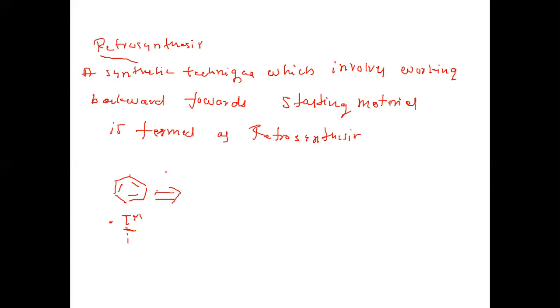This is the retrosynthetic arrow. Retrosynthesis is represented by this open-ended arrow, the retrosynthetic arrow. So from benzene, we are looking backward. From what material can we synthesize benzene? If we carefully examine this benzene, we can see 3 double bonds. So I will disconnect here, here.